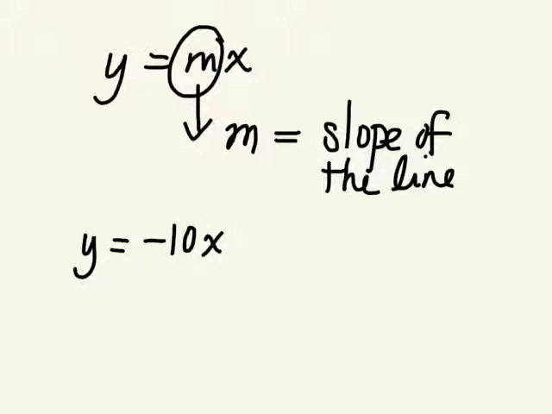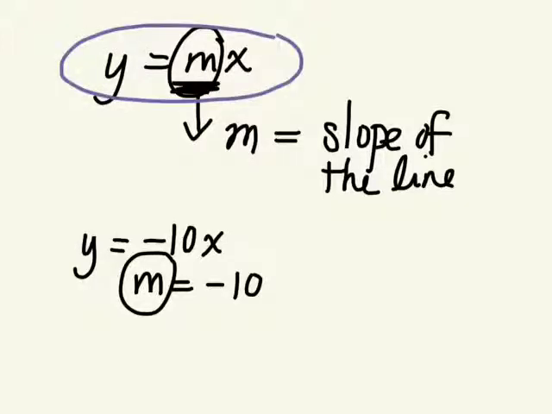Can you tell me the slope of the line, Ishmael? Negative 10. Excellent. So I can put m equals negative 10, okay? They use the letter m to represent slope. You're going to see this a lot throughout the year. This is just a variable that represents slope, okay? Anything in the form y equals mx, m is the slope of the line.